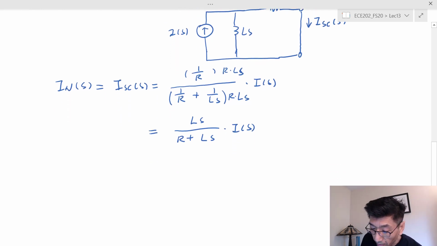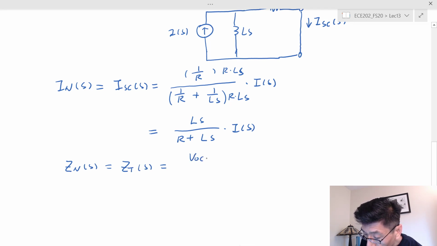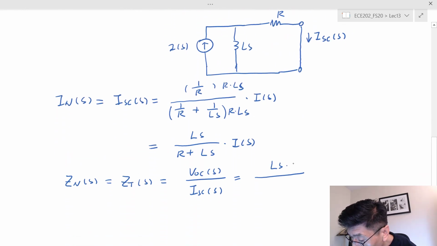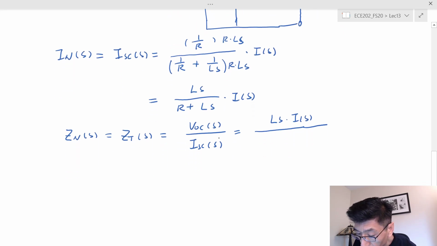Z_N is always equal to Z_T, and Z_T(s) is equal to V_OC(s) over I_SC(s), right? So V_OC is equal to L_S times I_S, and for I_SC, that's L_S divided by R plus L_S times I_S. So I_S is cancelled.